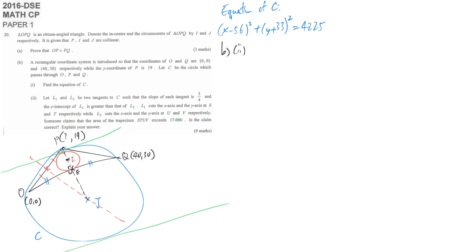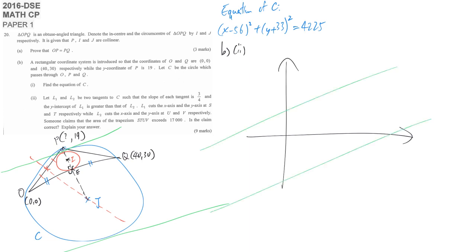If we just focus on those 2 tangents, they may be like this. They say that the higher one is L1, the lower one is L2. And then L1 cuts the x-axis at this point, called point S, and the y-axis at point T. So we know that this point is point S, and this point is point T.